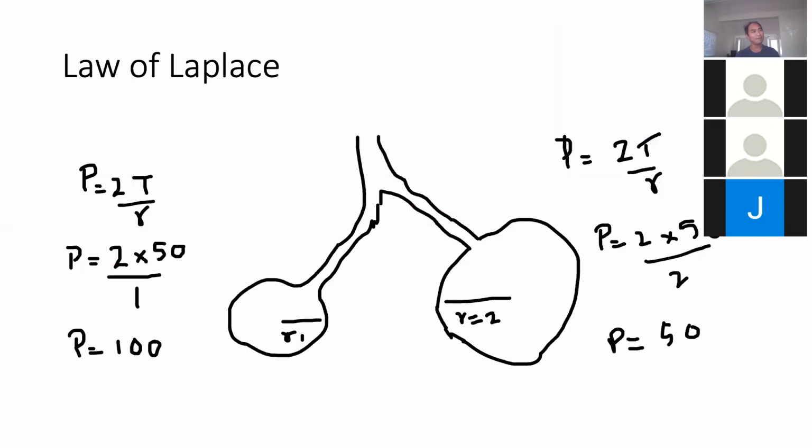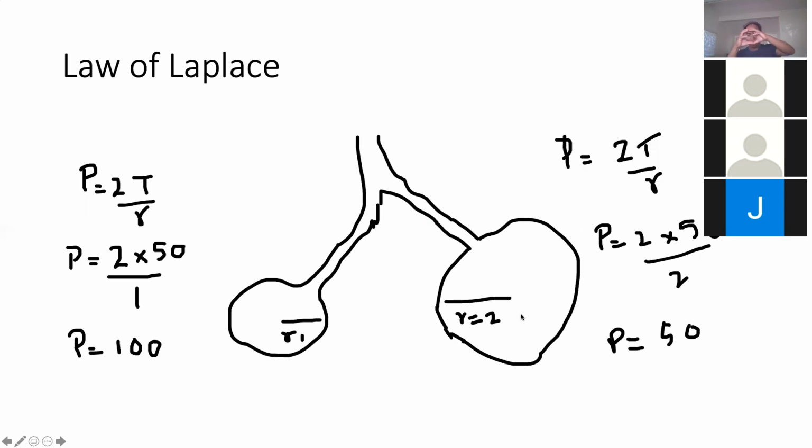This is the easy way to remember: the radius is inversely proportional to the pressure. The smaller the radius, the inside pressure is bigger, and the bigger the radius, the inside pressure is lower.